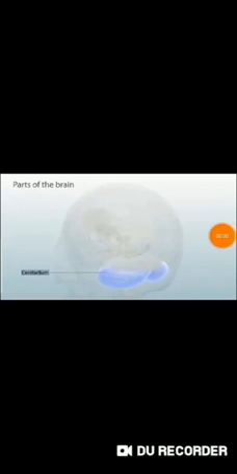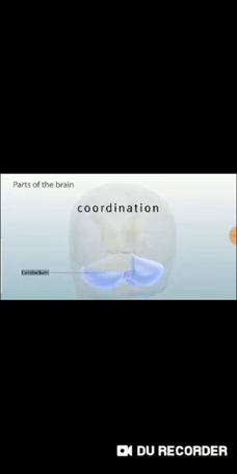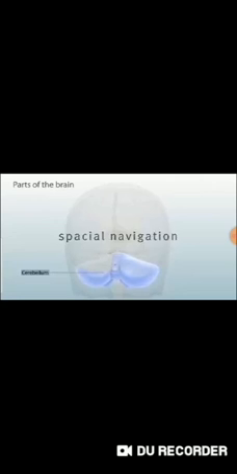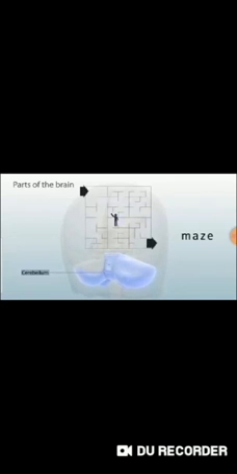The cerebellum is located under the back part of the cerebrum. It plays a key role in motor control, in coordination and spatial navigation, so that we can find our way out of a maze. In simple words, we can say that the cerebellum acts as a controller for maintaining the body balance and for making precise and accurate muscle movements.